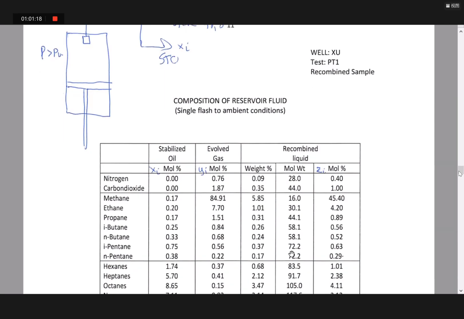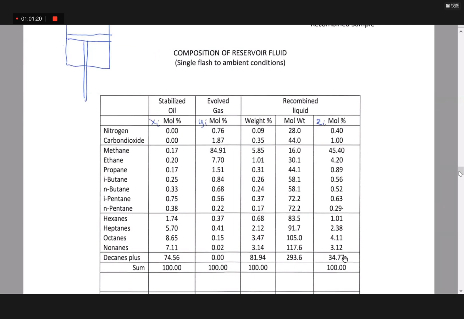And what we see is that 34%, or almost 35%, of the molar percent of the fluid is in the C10 plus fraction. So one third of the fluid is based on a plus fraction that we don't know exactly the properties of and how it behaves. That gives a problem for the PVT simulator, and the need of tuning simulators to the system.